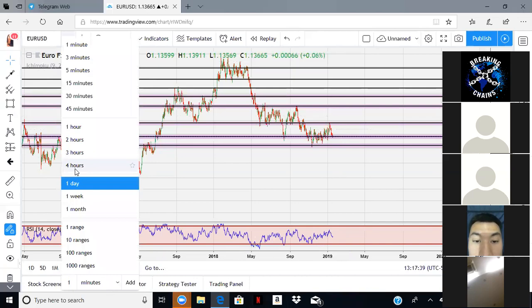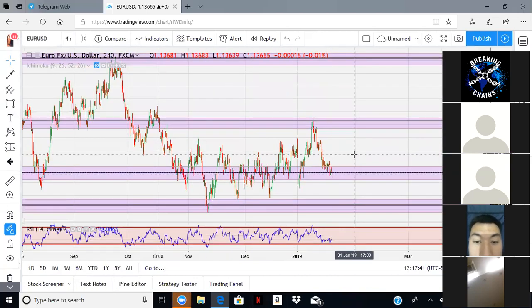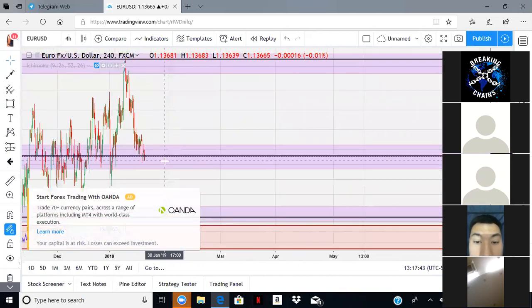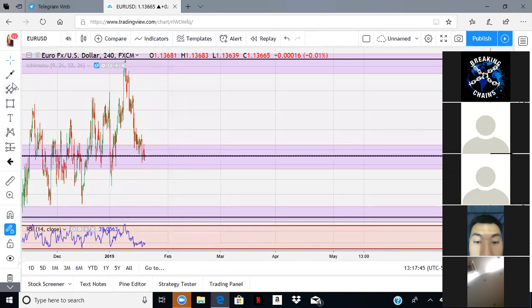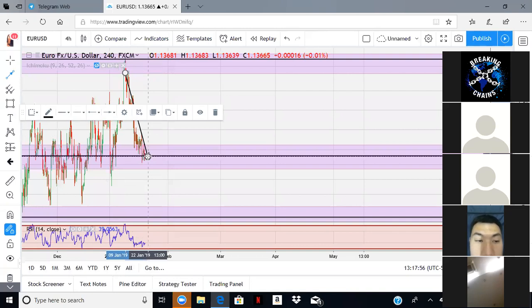So let me show you guys this. Right, so I have price right now coming towards a major reversal zone, right? Or major rejection zone.